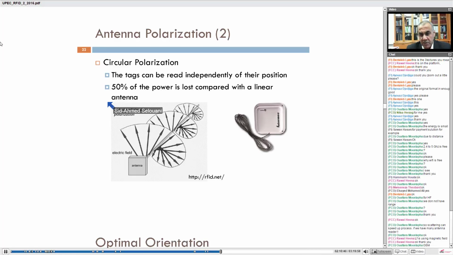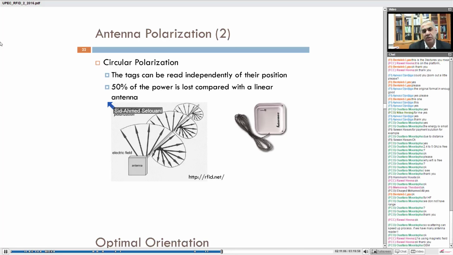Because you lose almost 50% of the power compared with the linear antenna. So if you want directivity and a long read range in your application, use linear polarization.